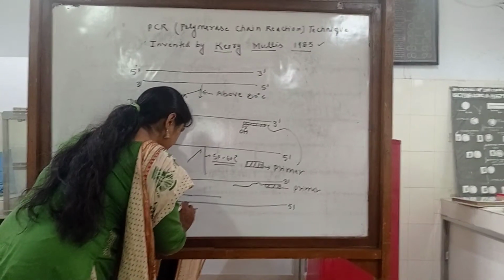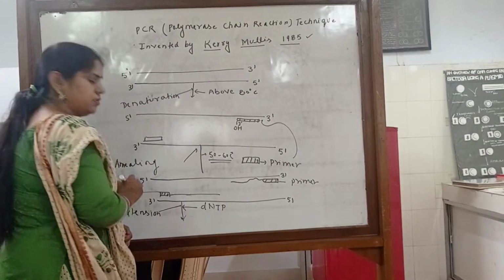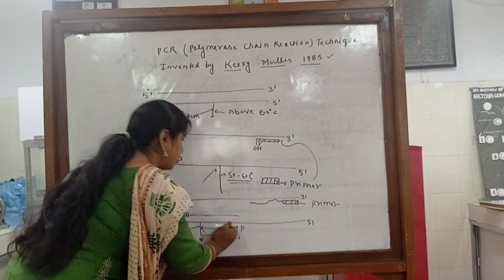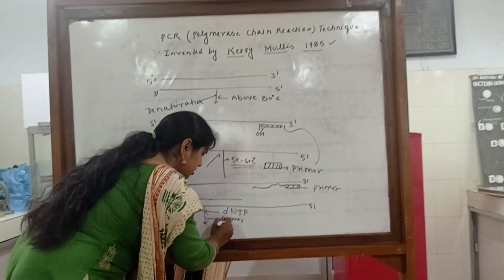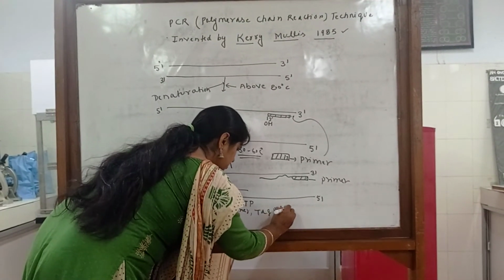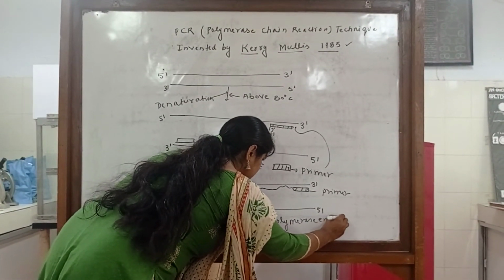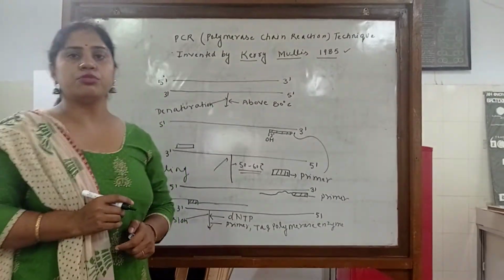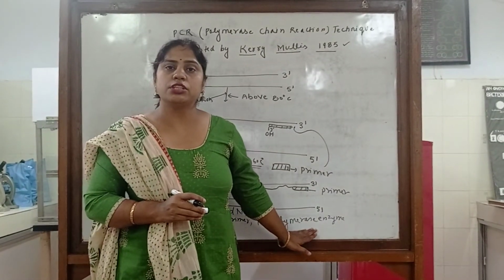What are the conditions required in the extension step? First, dNTPs. Next, primer, that was already used in an earlier step. Next, Taq polymerase enzyme. Taq polymerase is a thermostable enzyme, meaning it is isolated from a bacterium, Thermus aquaticus.